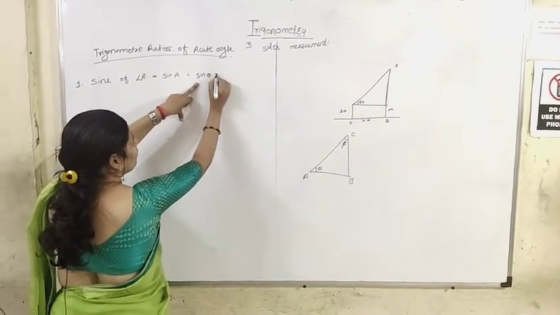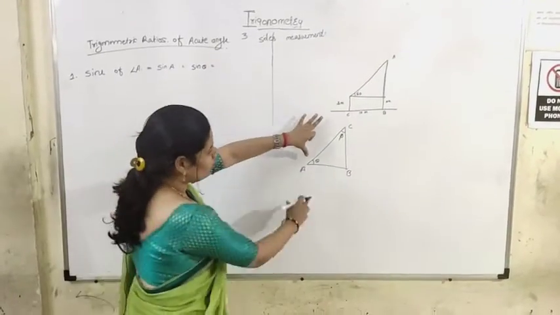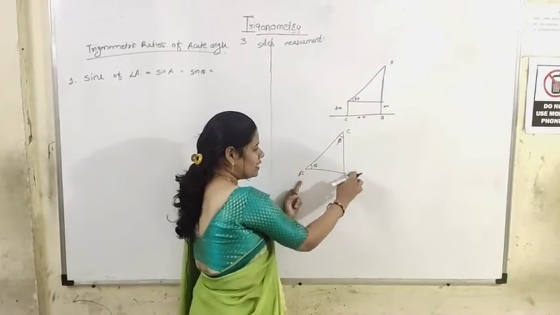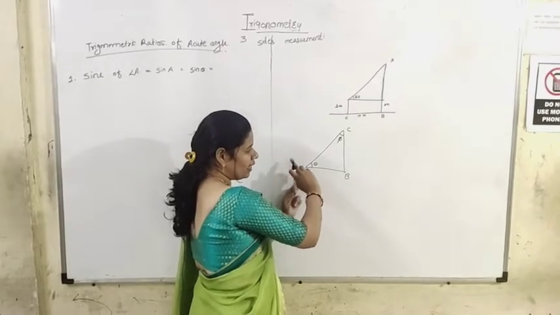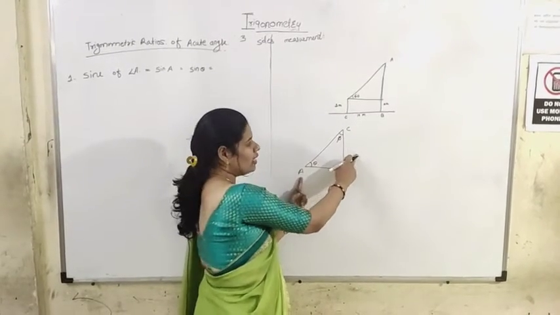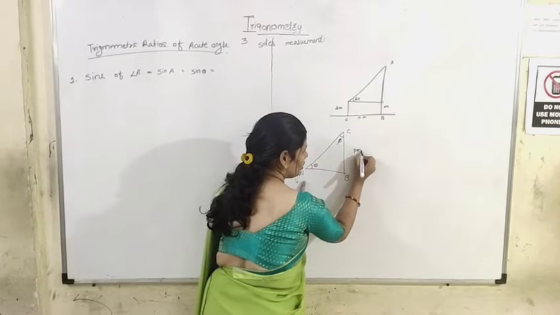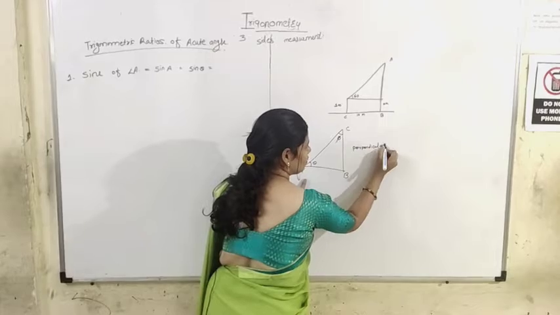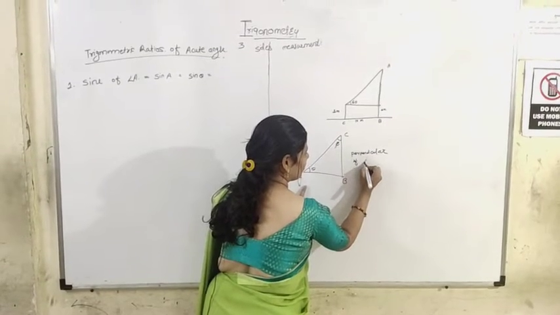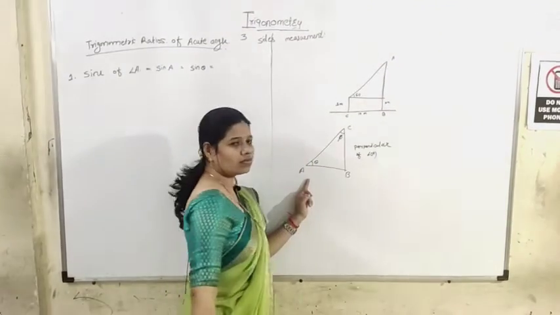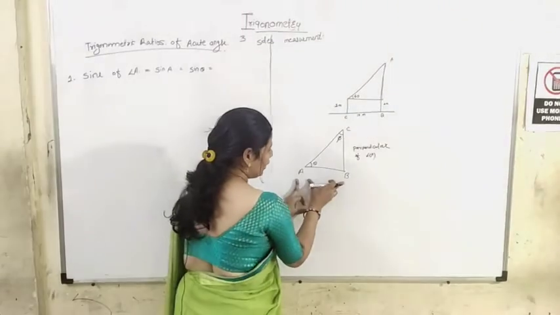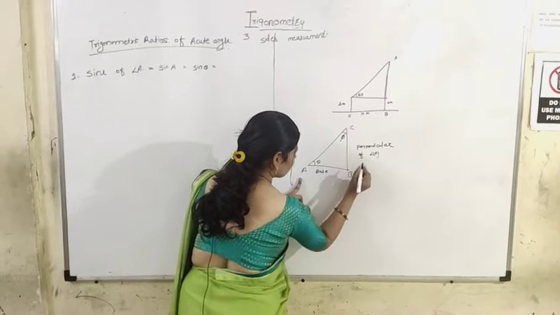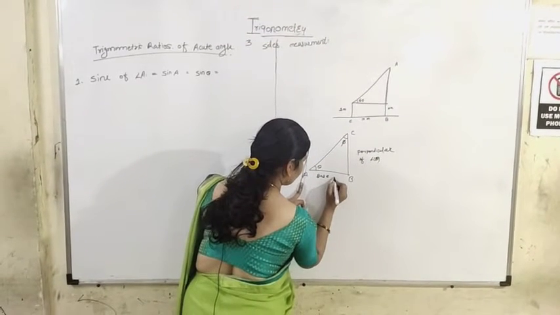So we can talk about angle A. We can see that side BC, the side exactly in front of angle A, is the perpendicular for angle A, and side AB is the base for angle theta.